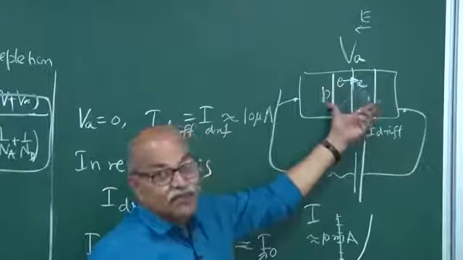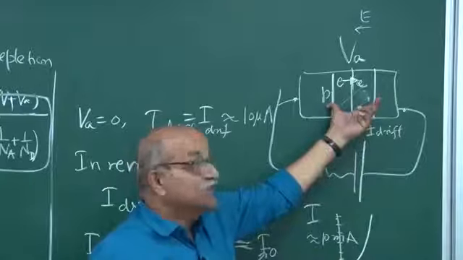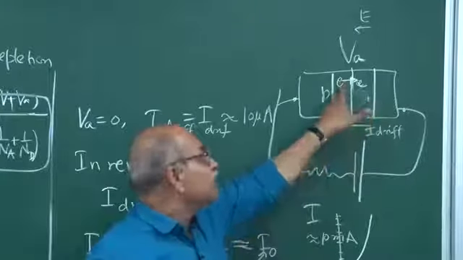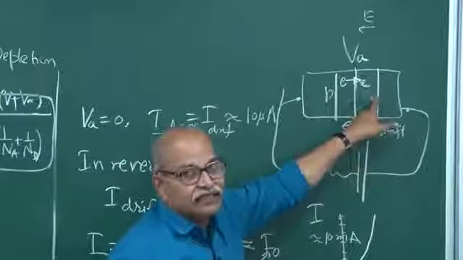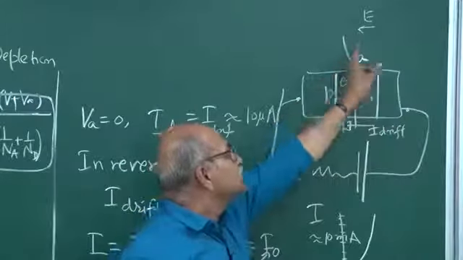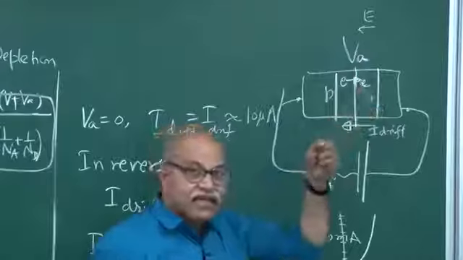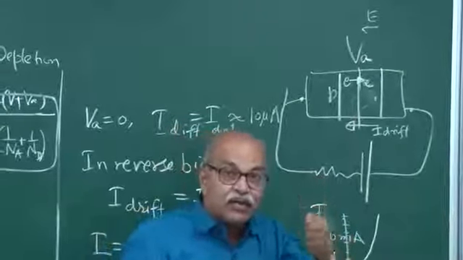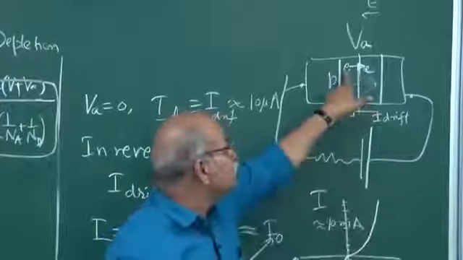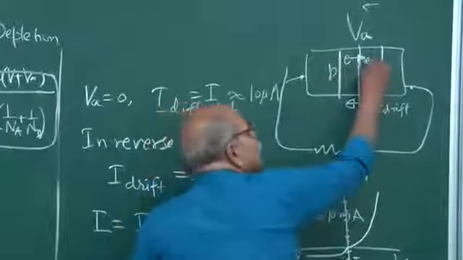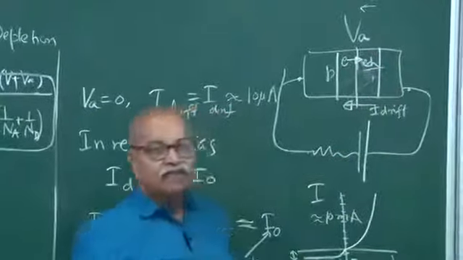And the depletion region is wide. Therefore, it has sufficient time also. So, it can gain so much energy in this depletion region because of the effect of this electric field, that it can knock off an electron from the bond, and this electron can produce a new electron-hole pair.